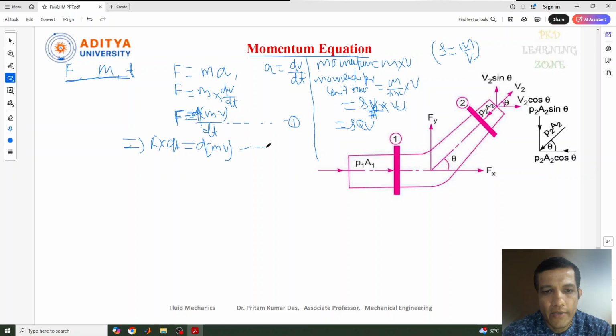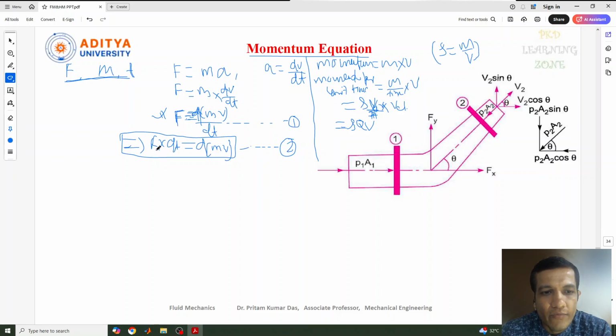This we can call equation 2, and this is known as the impulse momentum equation. So this is our momentum principle, and this is the impulse momentum equation.